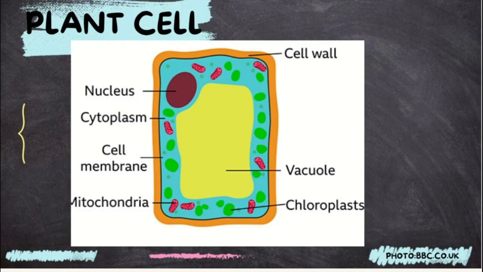Turgid means that they get filled with water and look healthy like this one, or they can become flaccid, or they can experience plasmolysis, where the cell membrane pulls away significantly from the cell wall. That would be plasmolysis. So that's what would happen if we said that a plant cell is plasmolysed. The cell membrane will be pulled apart from the cell wall significantly.